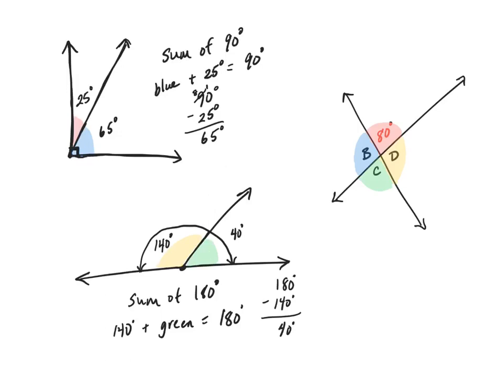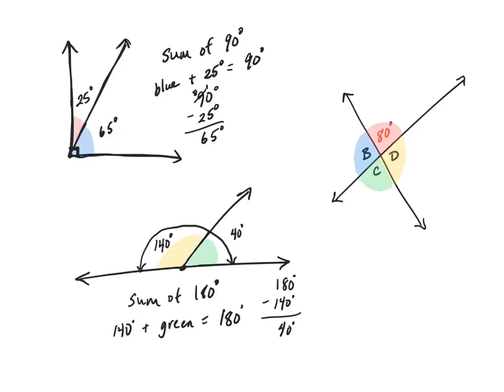So let's look at our last angle relationships on the right side, formed by these two intersecting lines. So I have a given that the red angle is equal to 80 degrees. First thing I notice is that the red angle is adjacent to the blue angle.